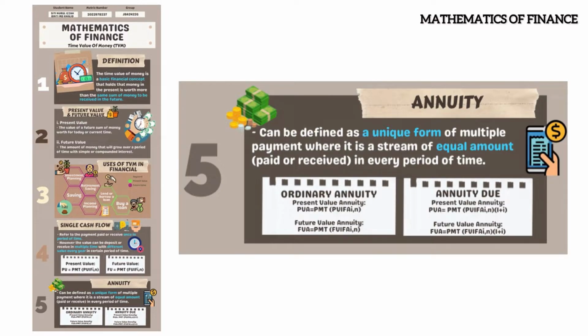There are two types of annuity, which are ordinary annuity and annuity due. For ordinary annuity, payment is made at the end of the period or at the end of the year, for instance 31st December. In ordinary annuity, there are two formulas, for present value annuity and for future value annuity.